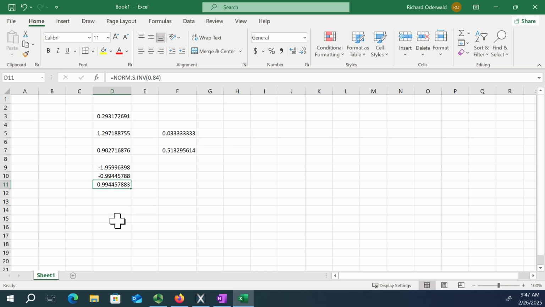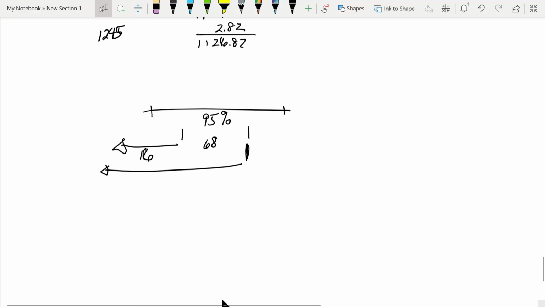This is perfectly symmetrical. So this is minus 0.99, plus 0.99.